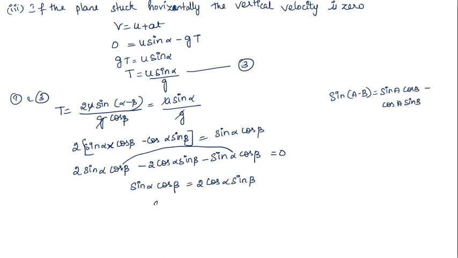So it will be sine alpha by cos alpha equal to 2 into sine beta by cos beta. This will be tan alpha equal to 2 into tan beta. So we proved the third one also, right? That's it. We'll move to the next problem.